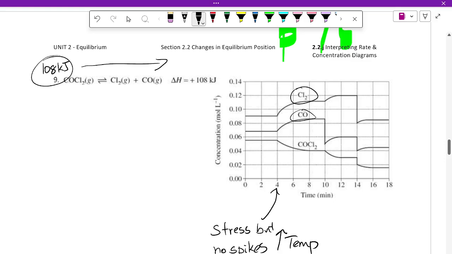So at 4 minutes, we increase the temperature. At 10 minutes, that's our next stress. What was our stress at 10 minutes?